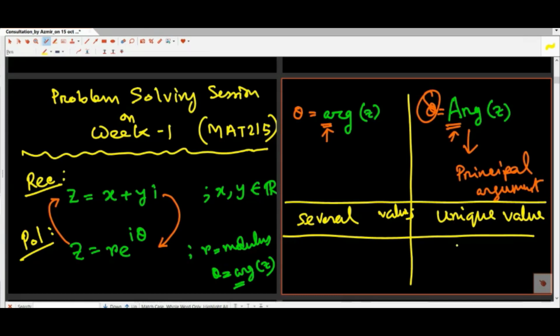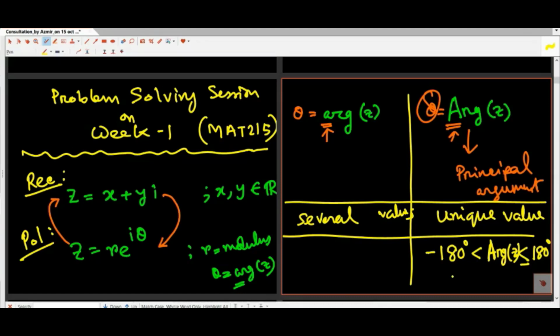Principal argument has a domain, that is, it is in between minus 180 degree to 180 degree, or equal to 180 degree. So you can mention this one as principal argument of Z, that is capital A. So principal argument is in between minus 180 degree to 180 degree or equal to 180 degree.